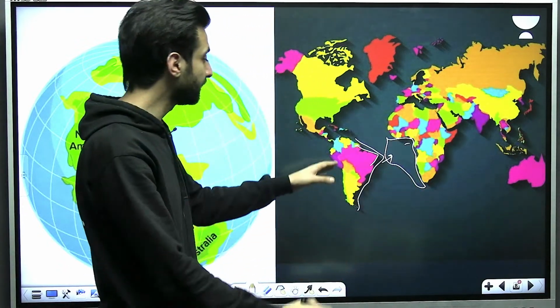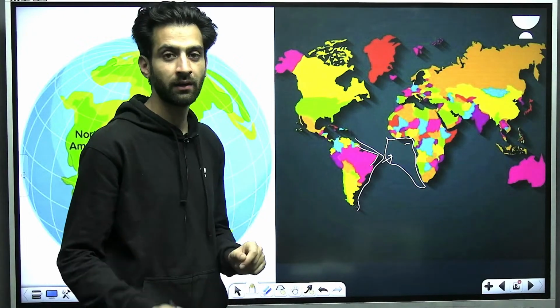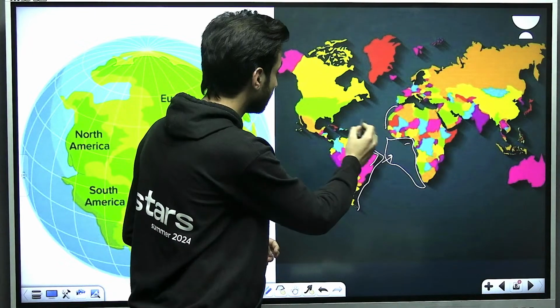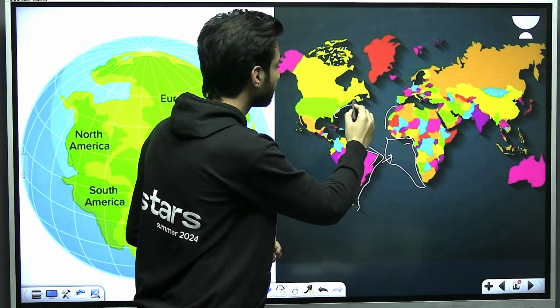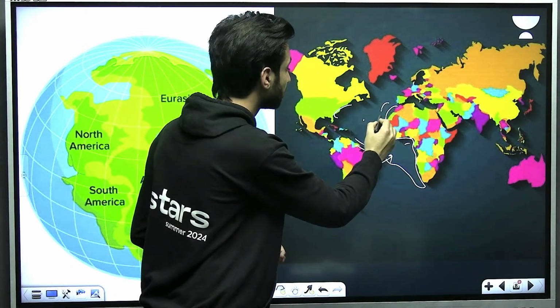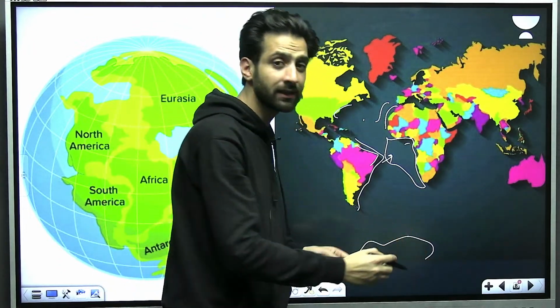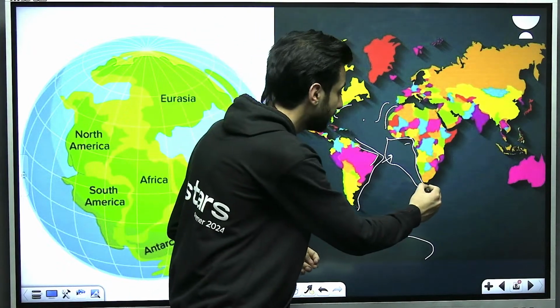Correct? It's perfectly fitting. Look at this. It will fit here. This is the first. Then if you look at this part of Africa and this part of America, it will easily fit here as well. Again, there will be Antarctica at this side. If you note Antarctica, the Antarctic will also fit here.